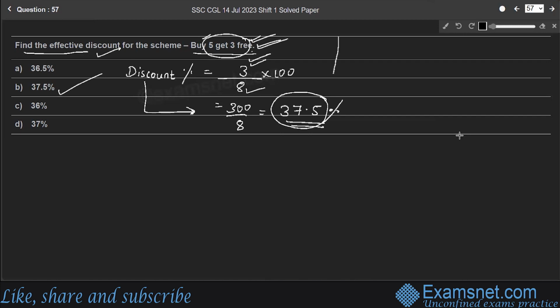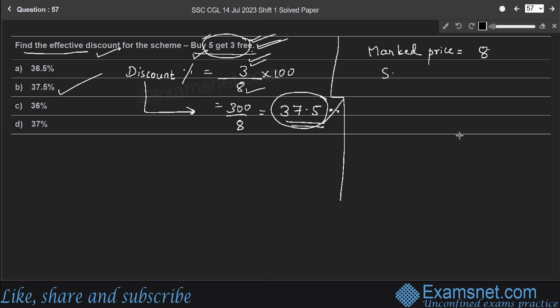If you go theoretically, consider market price. Let the total number of articles be the market price, so I'm taking 8 as market price. In that, selling price will be 5, so I'm selling only 5 articles, right?